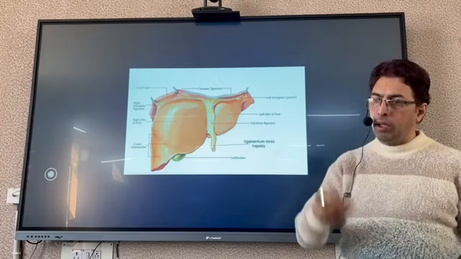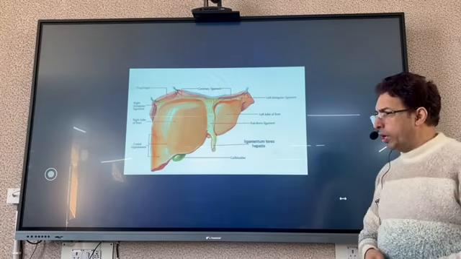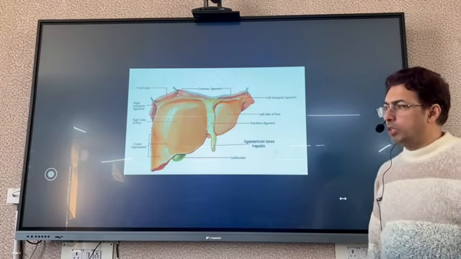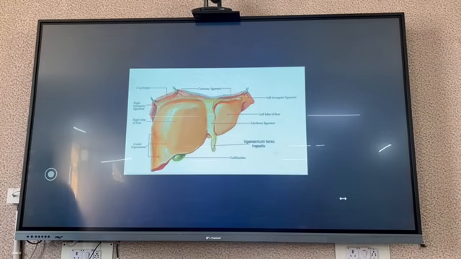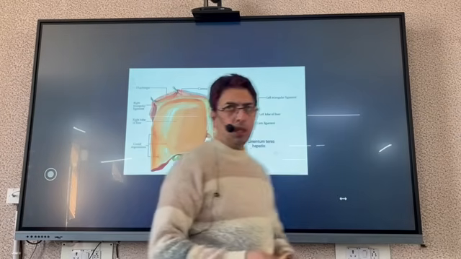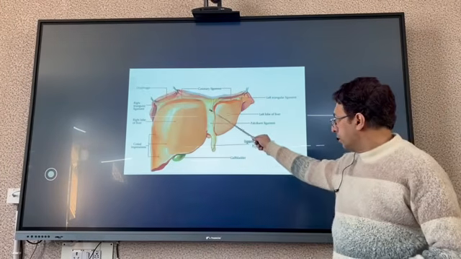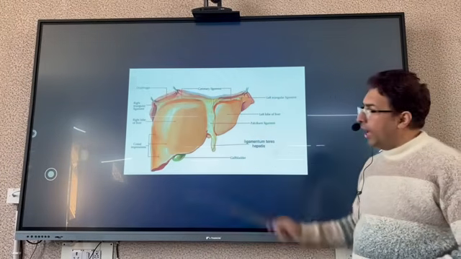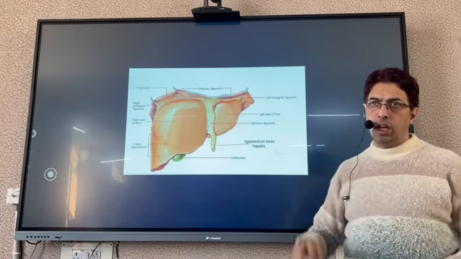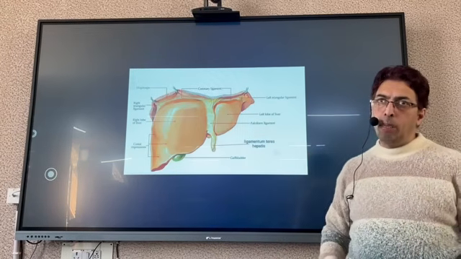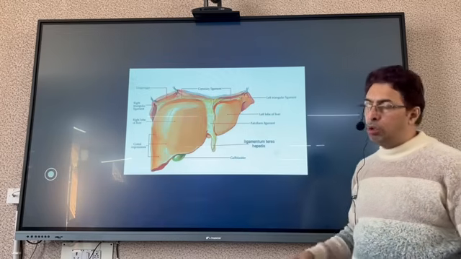Now, once you have a look at the liver on the anterior aspect, you will see over here a ligament, and that ligament is given the name falciform ligament. So we have the falciform ligament, which you see on the anterior surface of the liver. Importantly, structurally, it divides the liver into 2 lobes, a predominantly larger lobe, which is the right lobe of the liver, and a smaller lobe, which is the left.